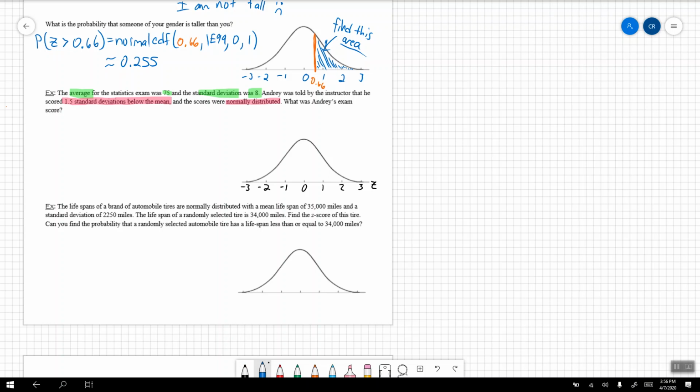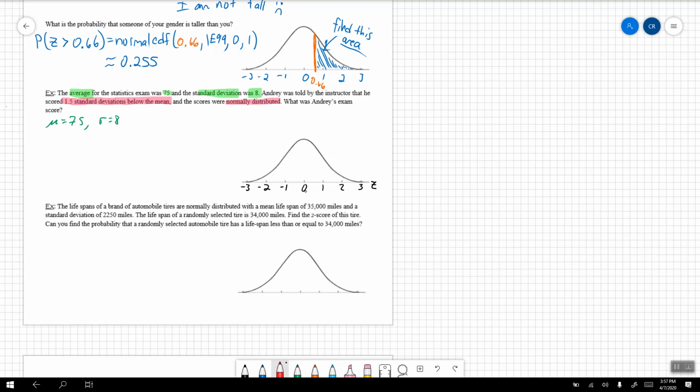All right, so here we go. Let's start extracting everything that we need. I'm going to look at my average. That average was 75, so I'm going to extract that and write this in green. The mean was 75, and the standard deviation was 8. All right, good. Now, Andre was told that he scored 1.5 standard deviations below the mean.